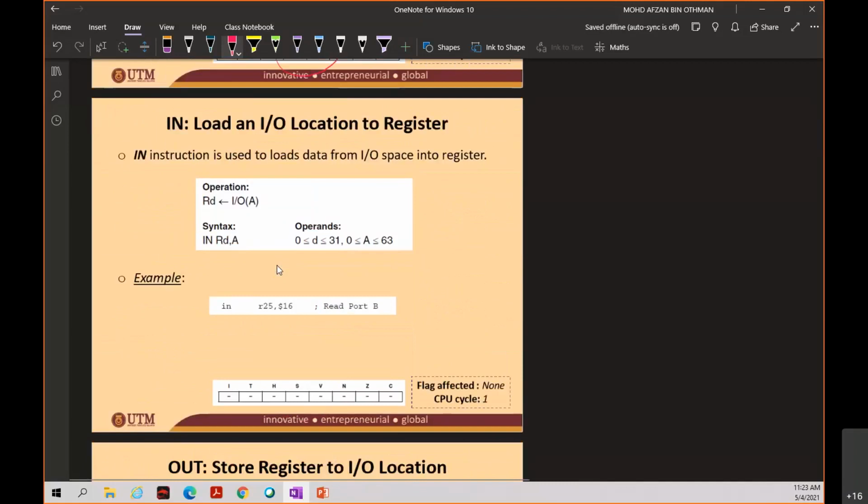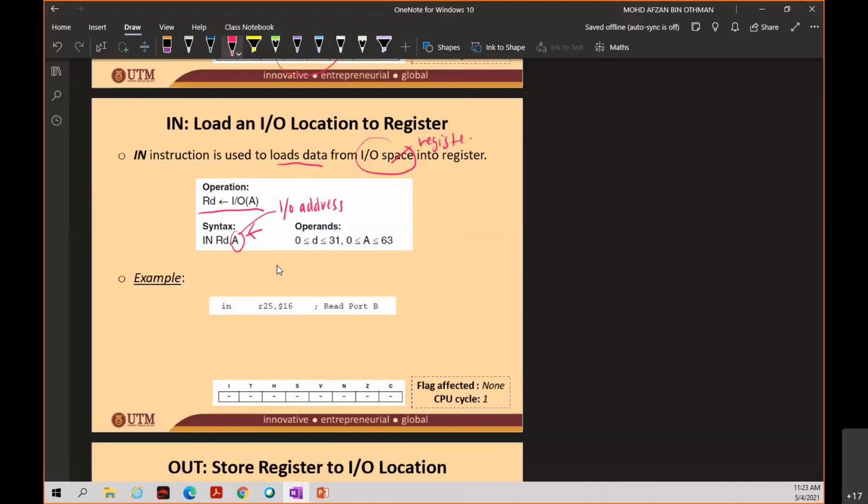Then we have the IN instruction, which stands for load an IO location to a register. This instruction is used to load data from IO space or an IO register into your general purpose register. This is the operation and this is the syntax: IN Rd, A. This A refers to your IO address.